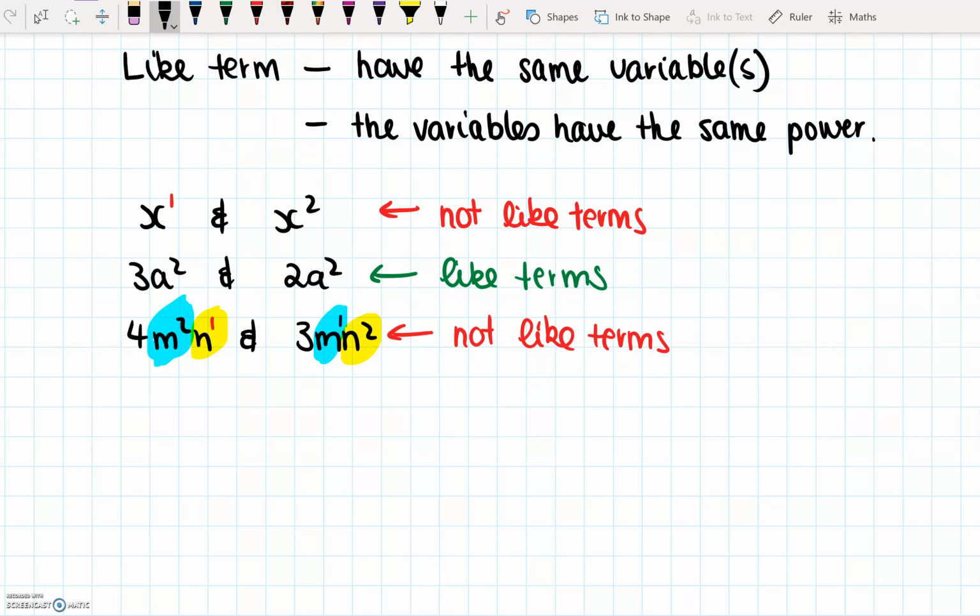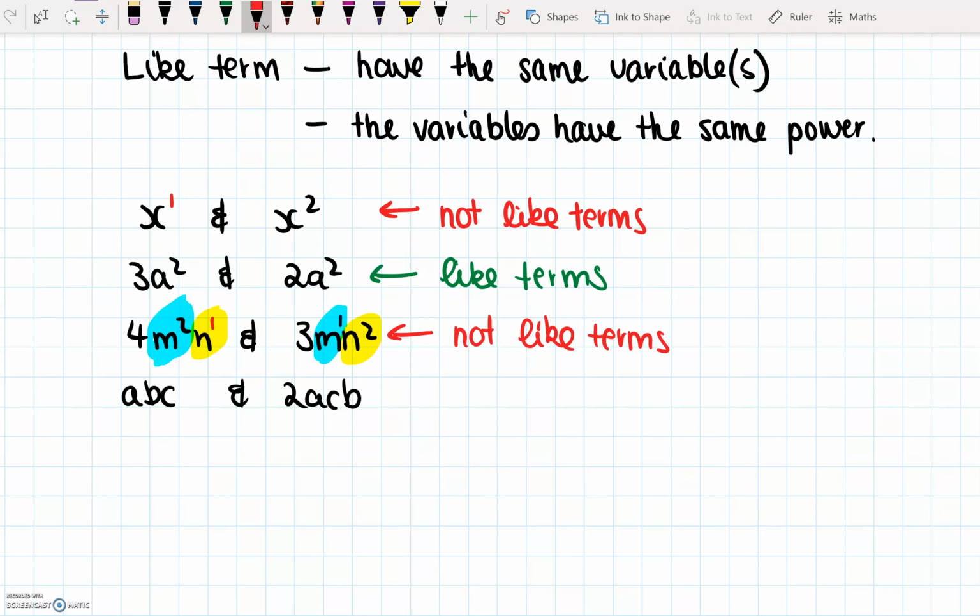The next example is what if we have abc and 2acb. Do they have the same variables? Yes, both of them have a, both have c, and both have b. Do the variables have the same power? All of these are raised to the power of 1, so yes, these are the same. It doesn't matter that they are in different order.